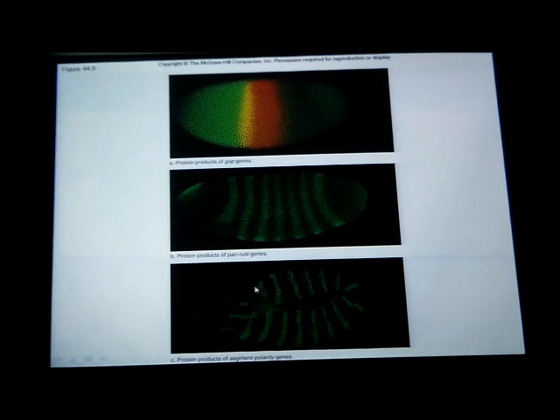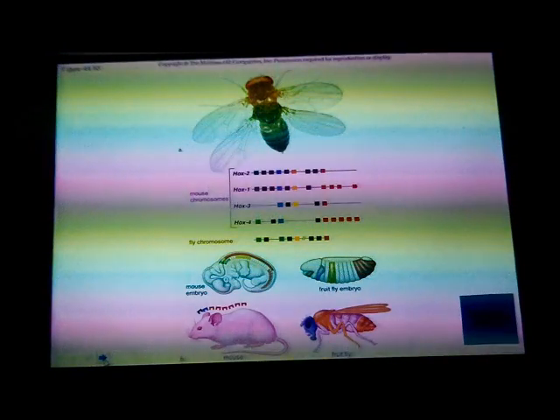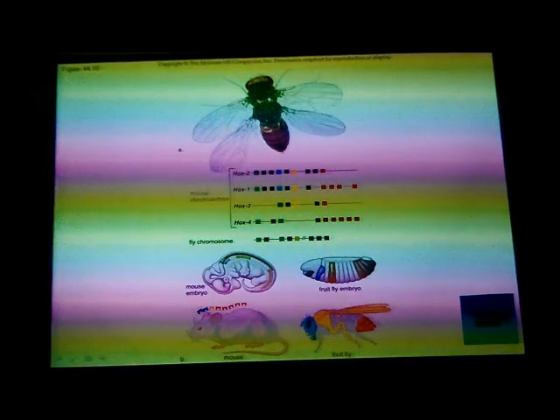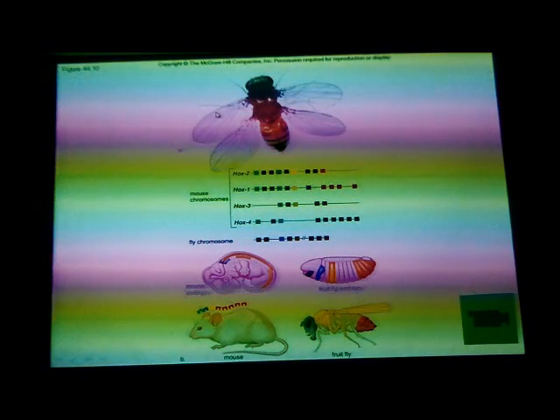And here's some different proteins, the way they're scattered around the egg. So these determinants are important in the development of organisms. This is kind of cool. It shows a fruit fly with 2 sets of wings.